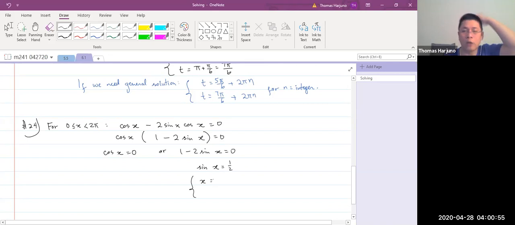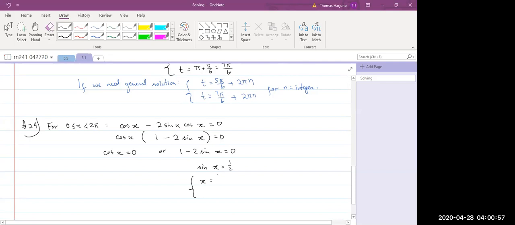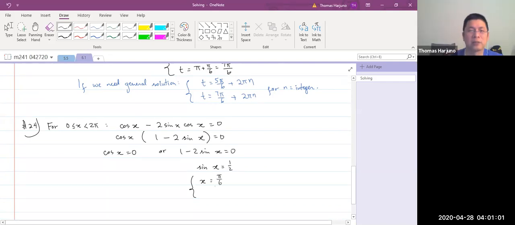In quadrant 1? Pi over 2. No, pi over 6, 30 degrees, right? And then in quadrant 2, 5 pi over 6, the same reference angle.